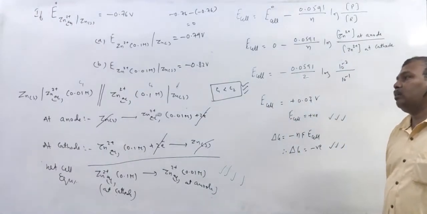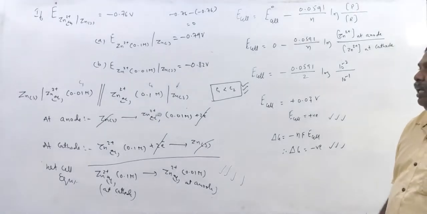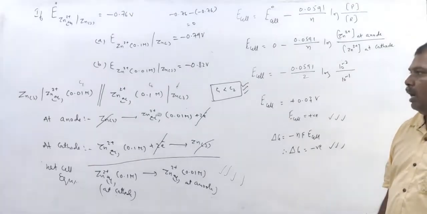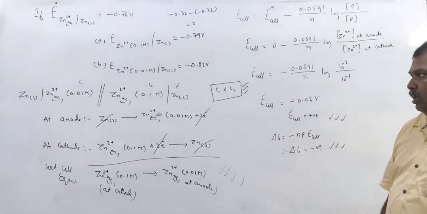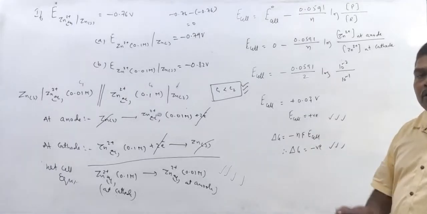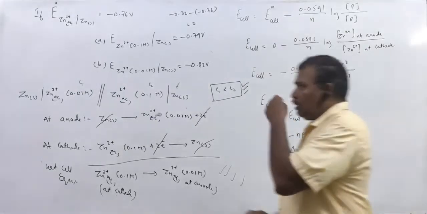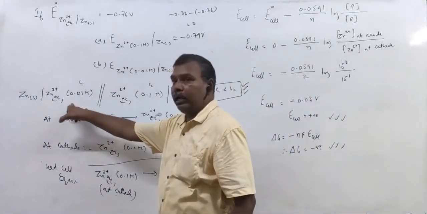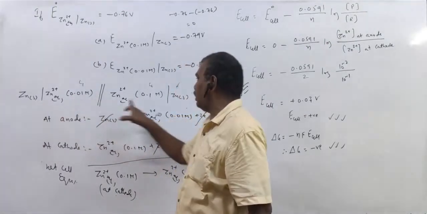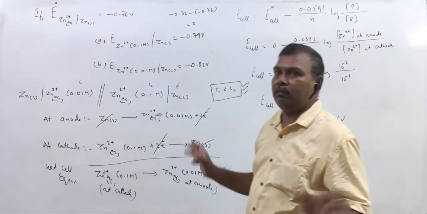Now here, that is not the important part. The important thing is that here the two electrodes are the same. At anode we use a zinc electrode. At cathode we use a zinc electrode only. Both are zinc electrodes only. But the concentration of electrolyte in the anode compartment and the concentration of electrolyte in the cathode compartment are different.